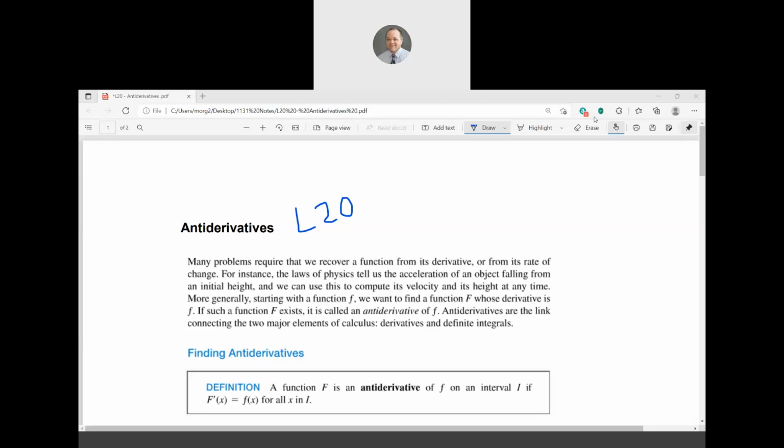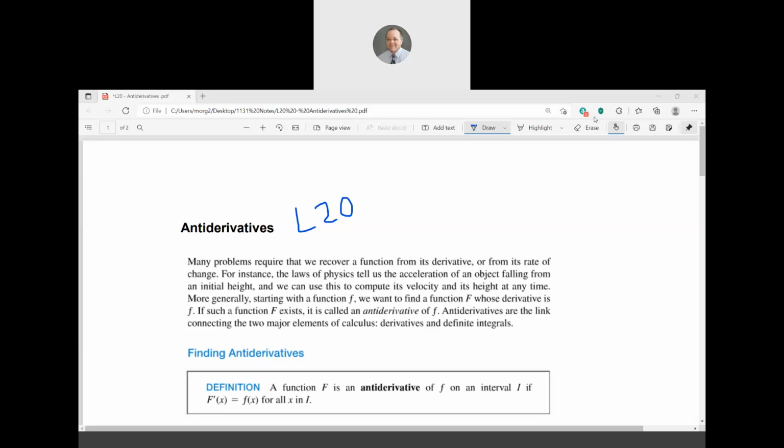then the process of undoing or reversing is called the antiderivative. So let me read, just to back up what I was saying. Many problems require that we recover a function from its derivative or from its rate of change. For instance, the laws of physics tell us the acceleration of an object falling from an initial height, and we can use this to compute the velocity and the height at any time.